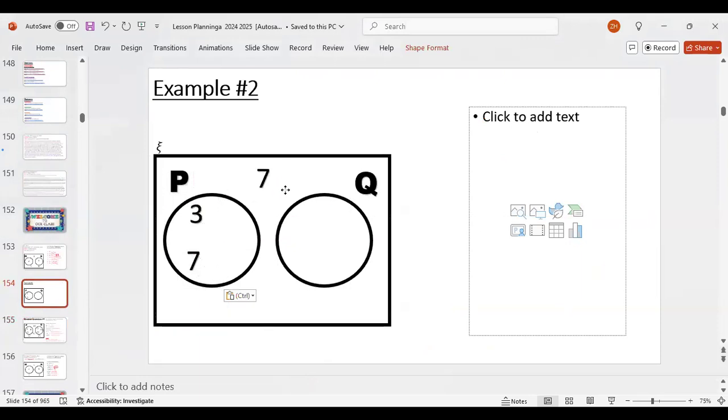Let's say 44. Let's change it up. Let's use 8.